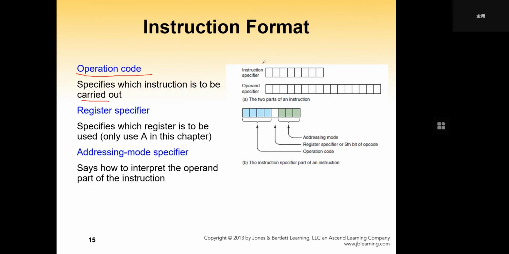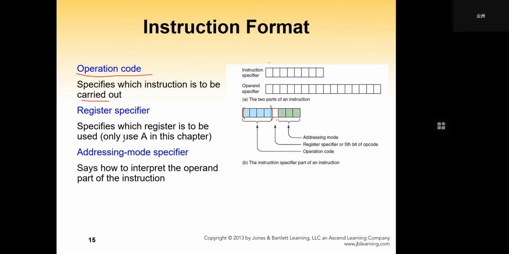It is the first 4 bits or 5 bits according to different situations. And then the register specifier specifies which register is to be used.